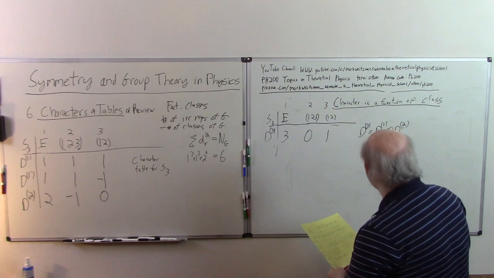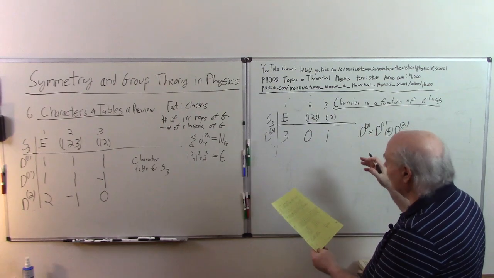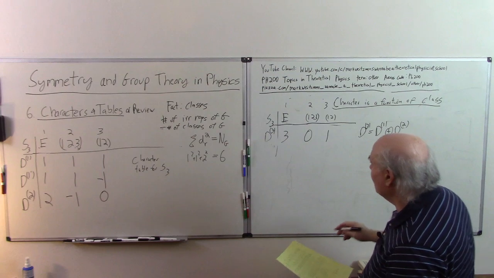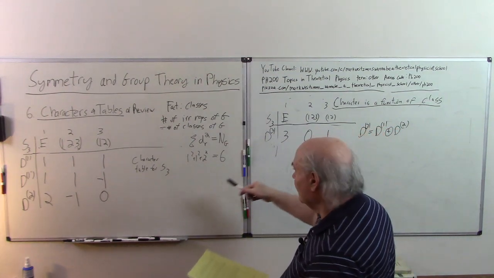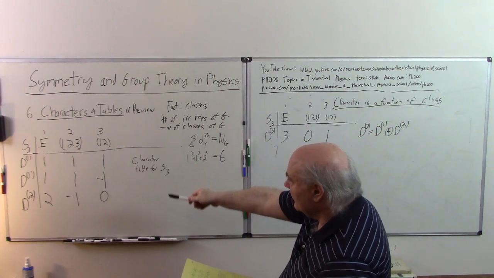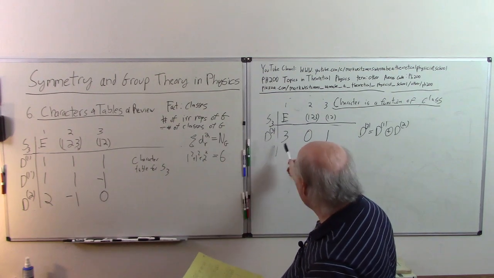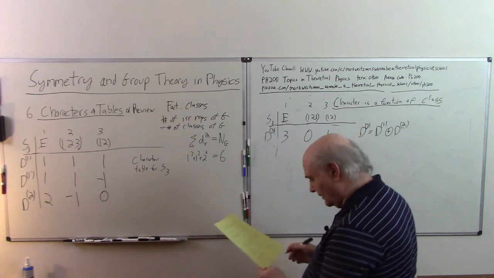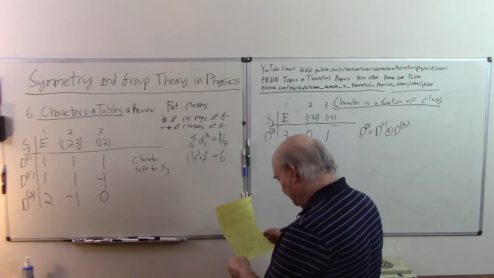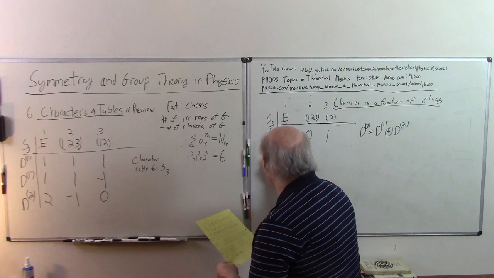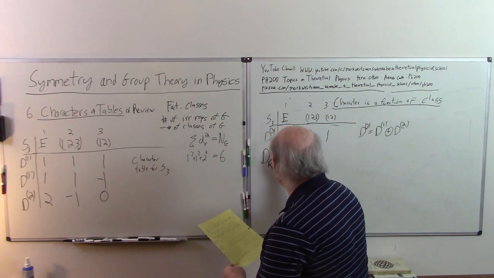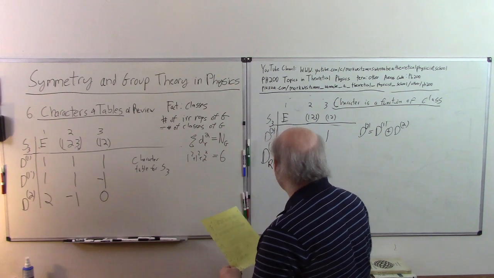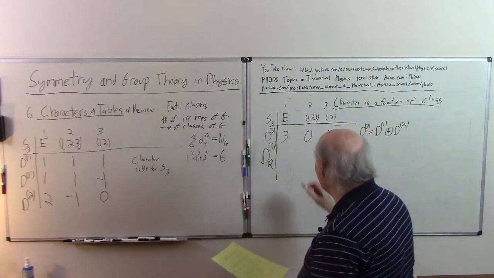So you can always check this when you think about it: if you diagonalize and put it in blocks, if this is the decomposition, the characters will add. So let's see if this adds. If we take D1 and D2, we get 3 for the first one, which is right, 0 for the second one, and 1 for the third one. That's good. Now, if I took DR, which is a 6-dimensional representation, the characters of the regular representation are always easy.